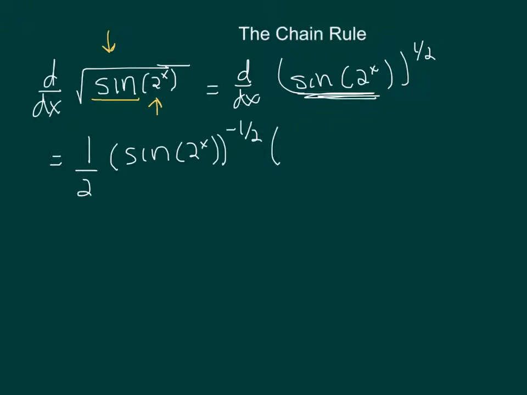Now we're going to multiply by the derivative of what had been inside the square root. So the derivative of sine of 2 to the x is cosine of 2 to the x. And now we multiply by the derivative of the innermost function, which is 2 to the x. So we multiply by the natural log of 2 times 2 to the x.